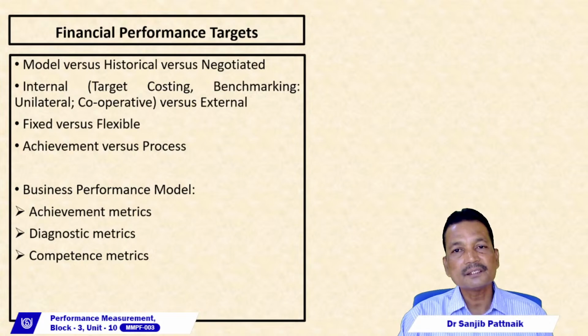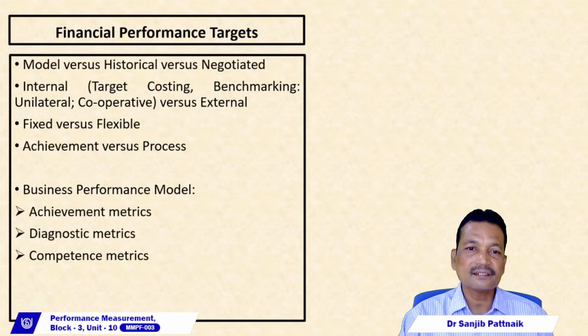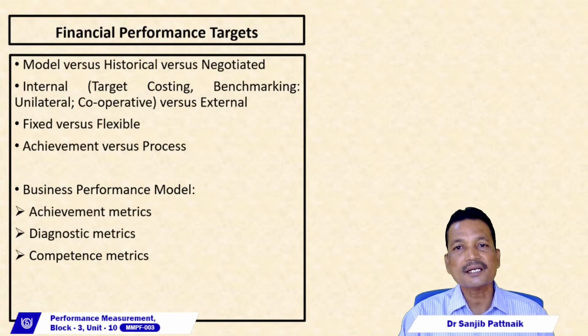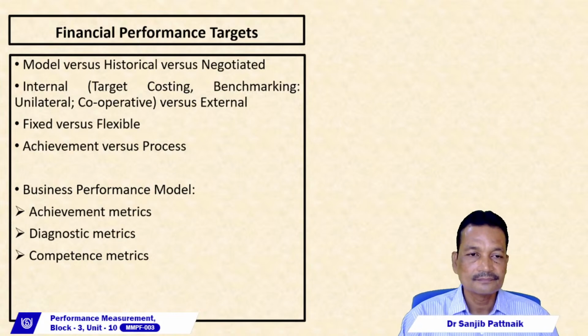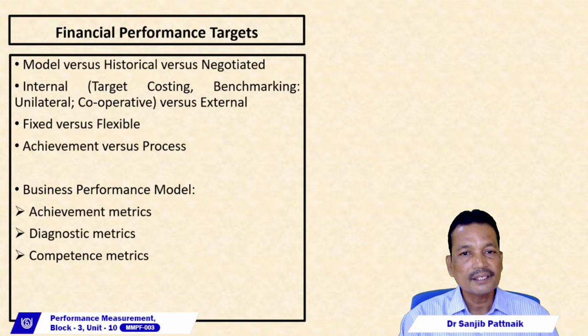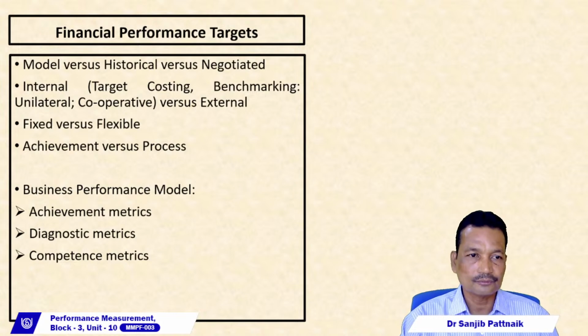So this will give us an idea of how much target will be set for our organization. But here we are dependent on the external organization. In this context, we look at target costing and benchmarking also.